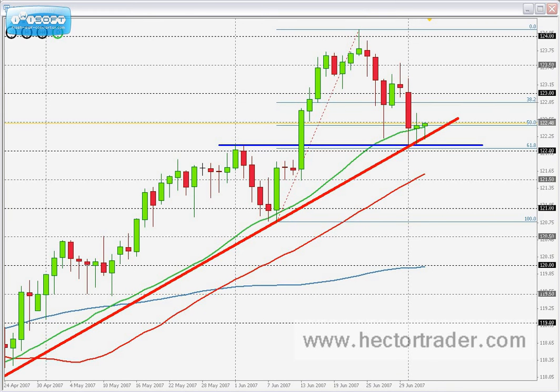Let's assume that the 119 level is a level where many different elements of support come together within a few pips of each other, and therefore we have a confluence of support at this area. The idea is to place a buy limit order right here, and a stop loss immediately below this level, perhaps 10-15 pips below, no more.